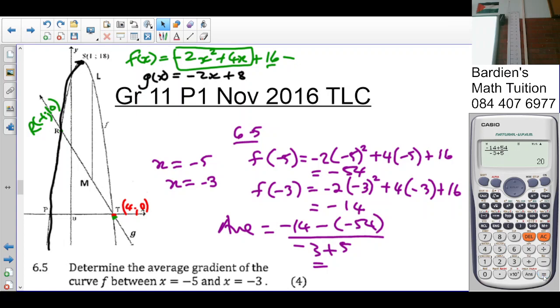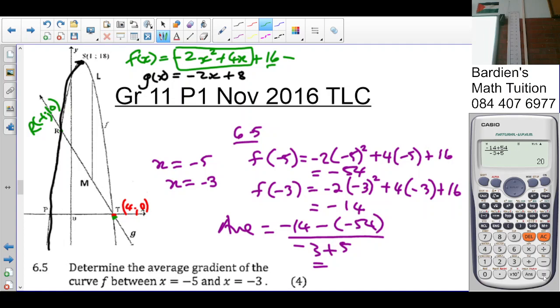So they give you 20. Is that correct? No, so not correct. Negative 3 plus 5. And on top? It was the same.